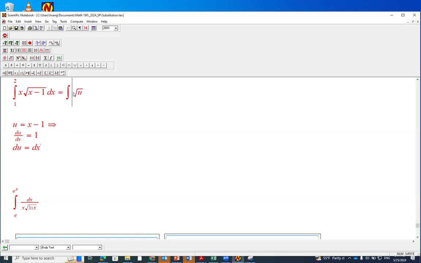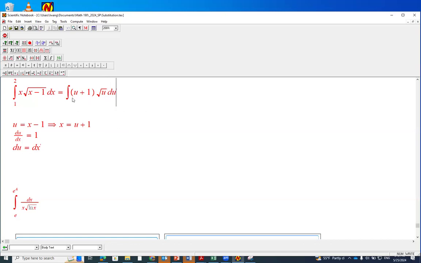But how are you going to replace x in terms of u? That's how we can get it, solving for x. So we get x equals u plus 1. We add 1 on both sides. So x is changed to u plus 1. There. Boom. Dx is changed to du.